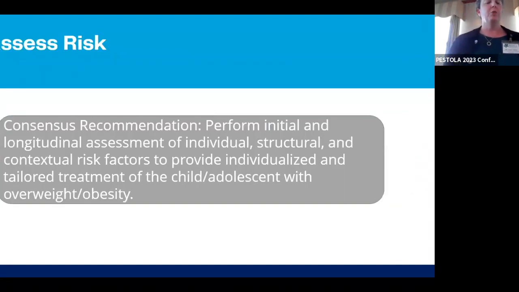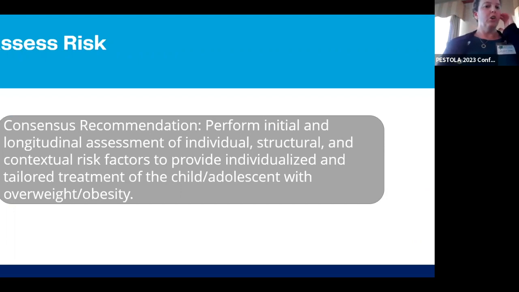Moving on to evaluation and assessment of risk, the recommendation and the technical report did not focus on this, it focused on treatment and comorbidity. So that is why this is a recommendation: to perform initial and longitudinal assessment of individual structural and contextual risk factors to be able to provide tailored treatment of the child or adolescent with overweight and obesity.